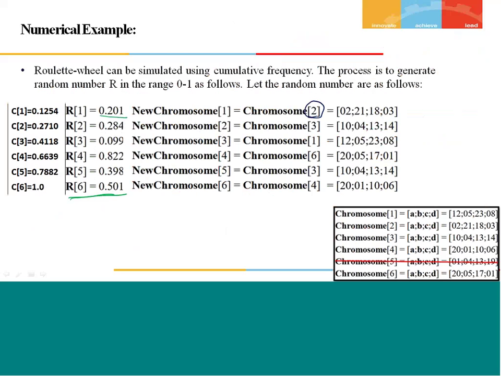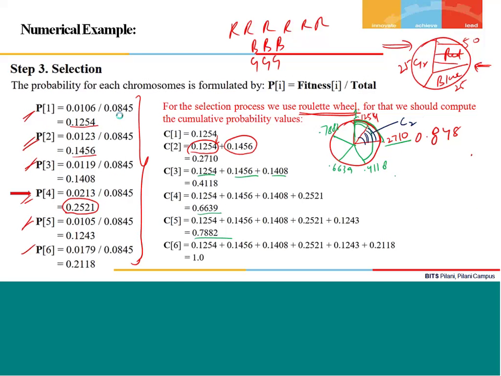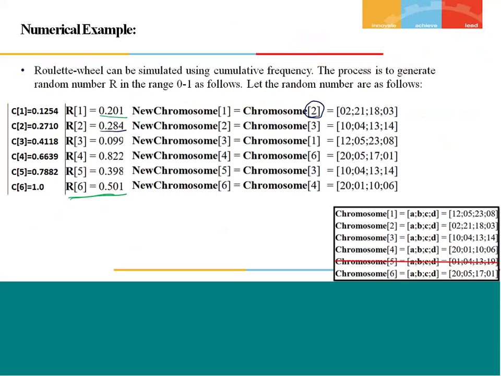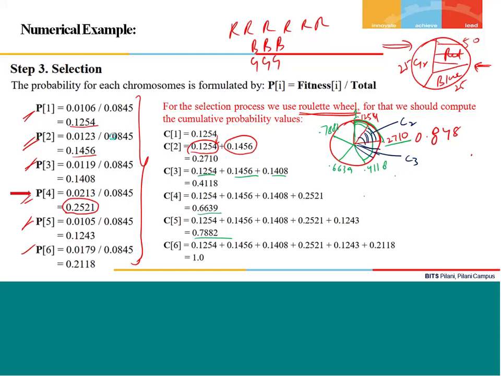Now I generate my second random number, 0.284. I will see where it will fall on the line. It lies in this section, so it belongs to C3, and that's why I get chromosome 3. Then I generate 0.099. It will lie on this part, right? So it will belong to chromosome 1.